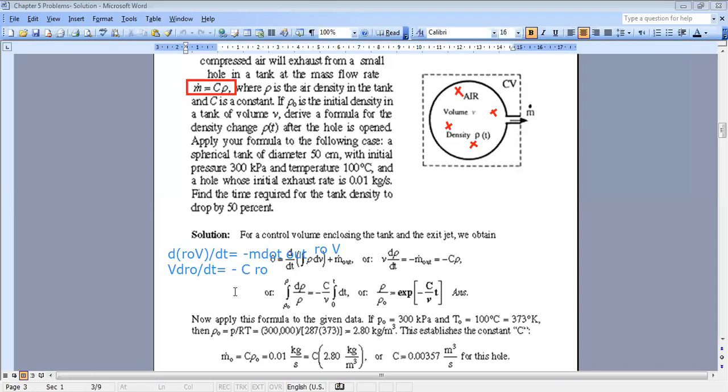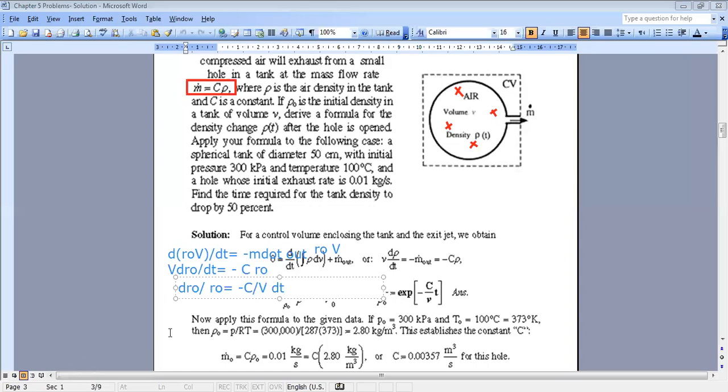So now this is your equation. You got V d rho by dt equals minus c rho. In this equation you have two variables, time and rho, so you will do separation of variables. If I take rho to the other side, I get d rho over rho equals minus c over volume times dt.